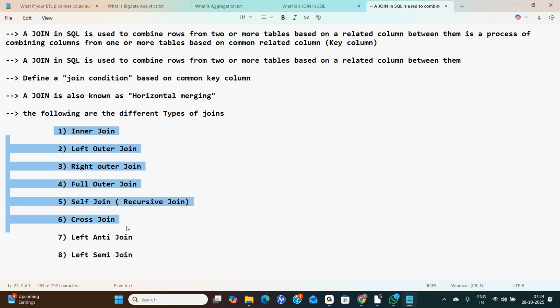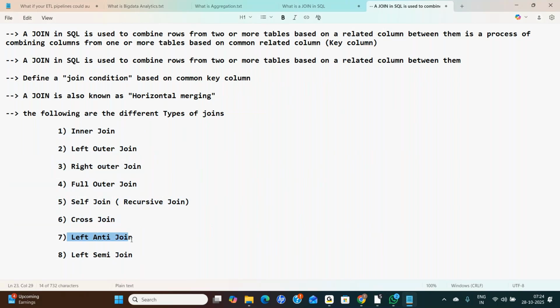But for real-time implementations, left anti join is very common. It is used to find out which are the new records and which are the existing records. If the records are new and not available in your destination or target, the new records will be inserted; we perform a DML operation like insert.